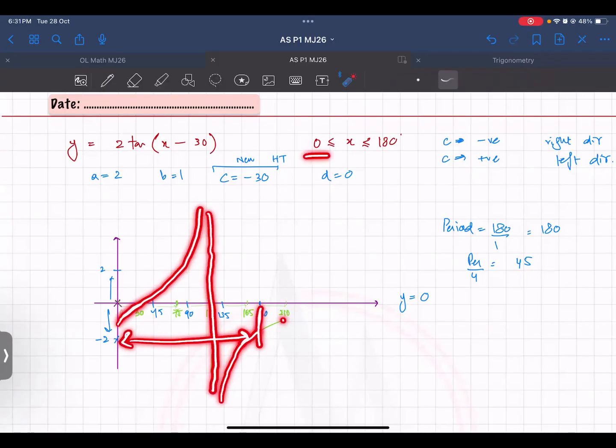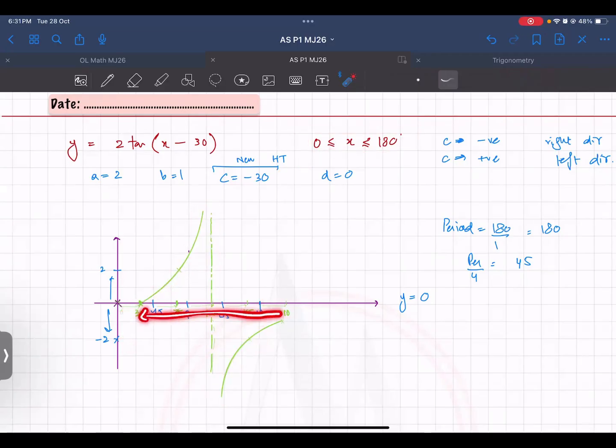So it depends also what part they are asking you to show. If they ask you to show from 30 till 210, it will be completely the same thing, with the asymptote in between. If it is from 0 till 180, then you will repeat it on the left side as well, and then you will keep it from here till here. This would be your graph.